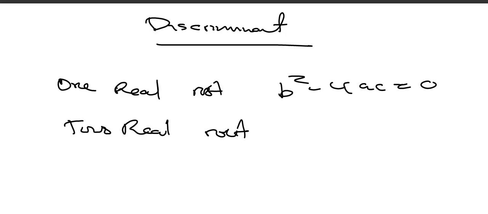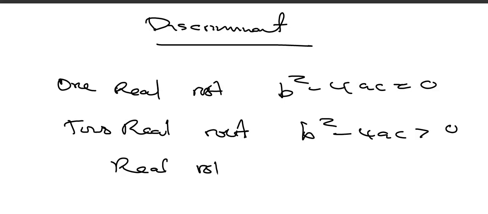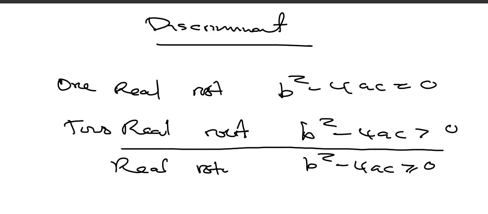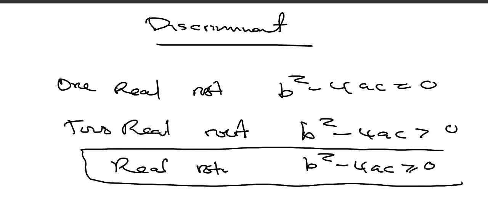When they say two real roots, you know the discriminant is supposed to be an inequality. This is going to be that. If they just say two real roots, it means it's greater than 0 strictly. But if they say real roots, because it could be 1, could be 2, here we're going to have the middle version. This is going to be this. If they say it has real roots, they have not specified whether it's 1 real root or 2 real roots. So we say it could be greater than 0, which is this case, or it could be equal to 0.